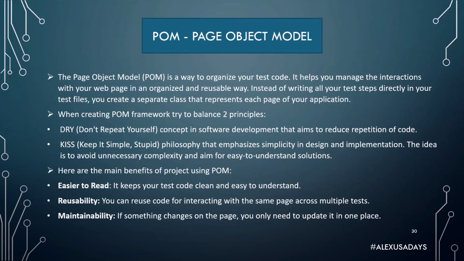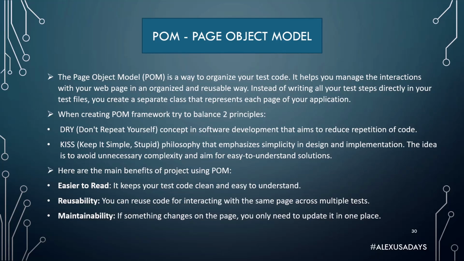Now, today we're going to talk about page object model, for short POM. The page object model is a way to organize your test code. It helps you manage the interactions with your web page in an organized and reusable way. Instead of writing all your test steps directly in your test files, you create a separate class that represents each page of your application.